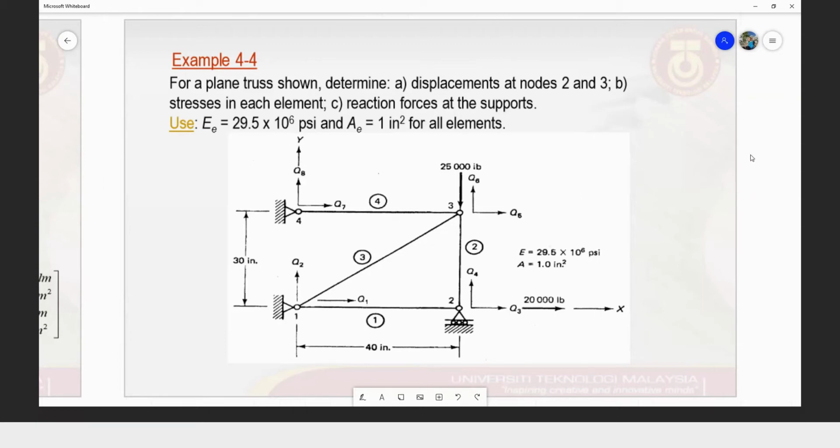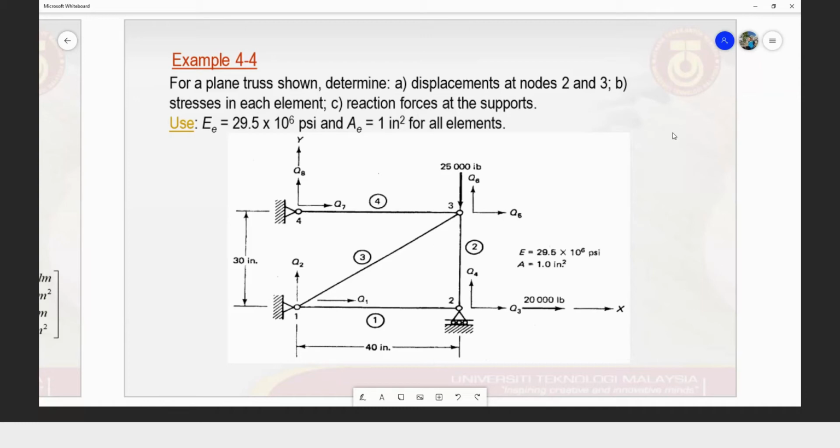Okay. If you still remember, the theoretical part of plane trusses says that our plane trusses can be viewed in local coordinate systems, where our structure will behave very similar to the 1D bar problems as we saw in the previous topic.